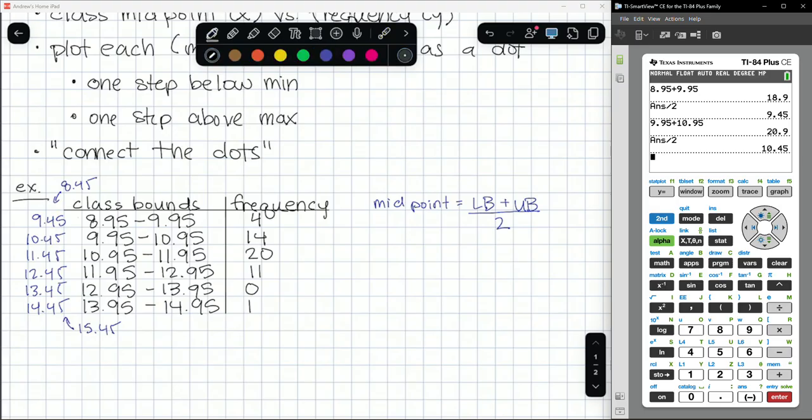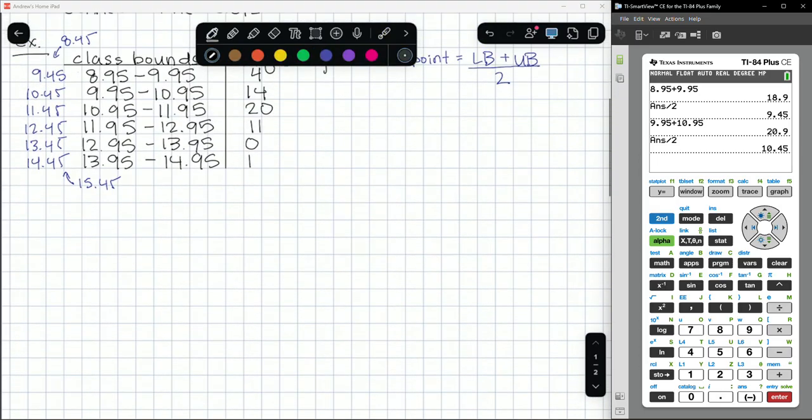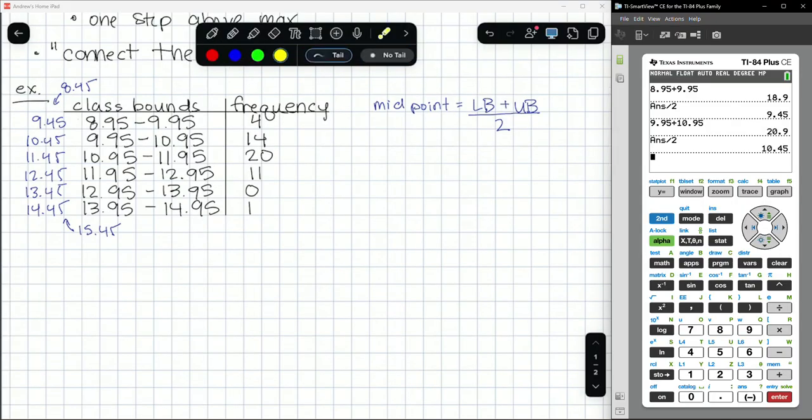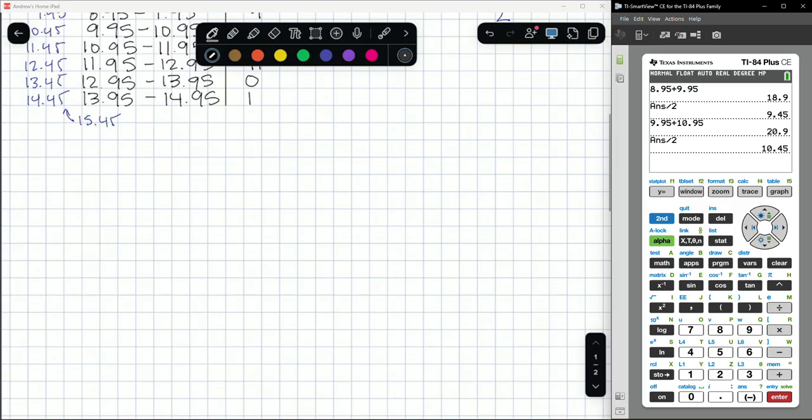So let's go ahead and start sketching our graph. I know vertically I need to go up to 20. So we'll start counting there. I think that works if I count by 2s. We'll double check. So 0, 2, 4, 6, 8, 10, 12, 14, 16, 18, 20. Good, I still know how to count.